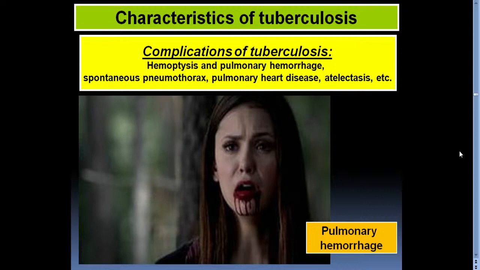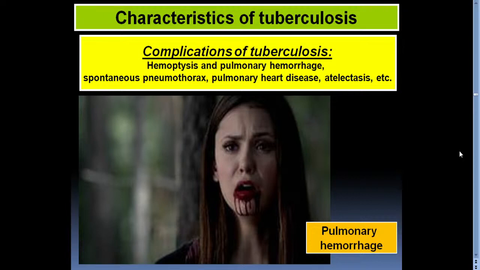Next characteristic of tuberculosis: complications. There are many complications, and we can divide all complications into two groups: specific and non-specific. On this picture, you can see the non-specific complications of tuberculosis: hemoptysis and pulmonary hemorrhage, spontaneous pneumothorax, pulmonary heart disease, atelectasis, etc. All these complications are not specific for TB.